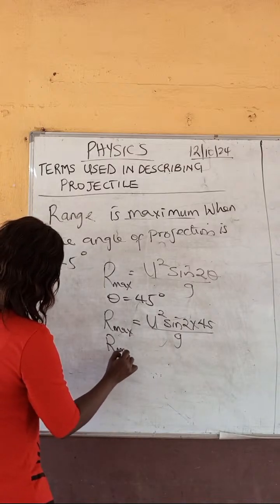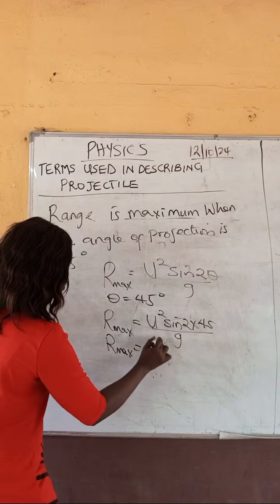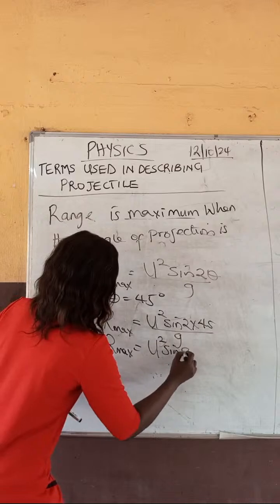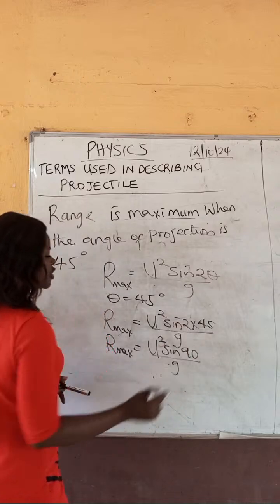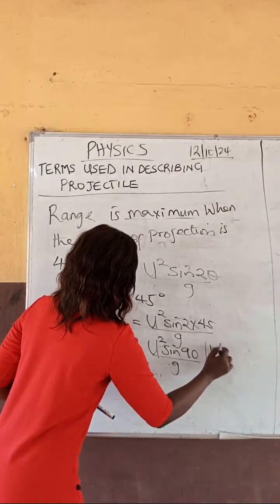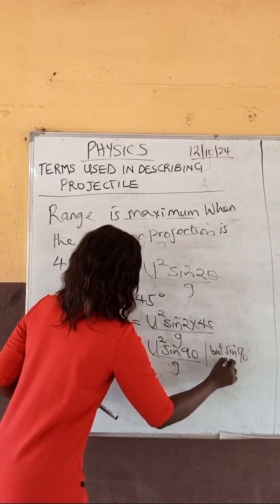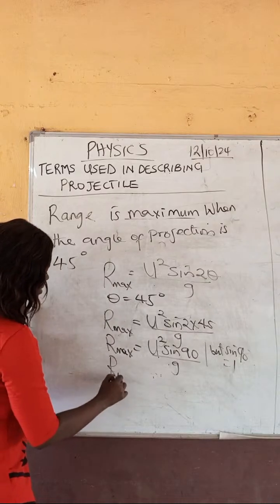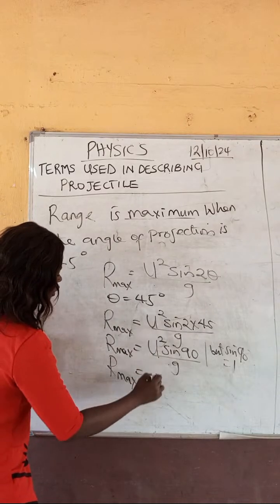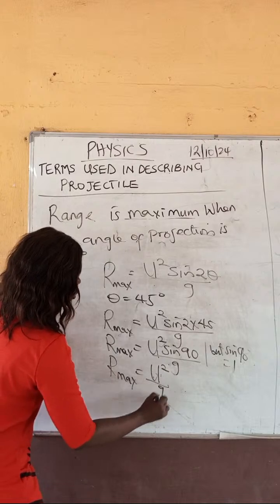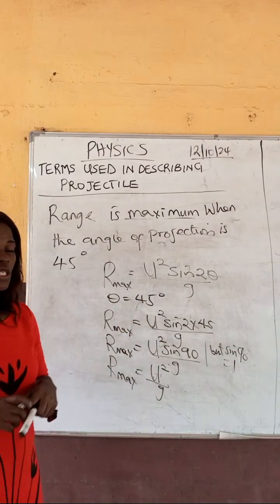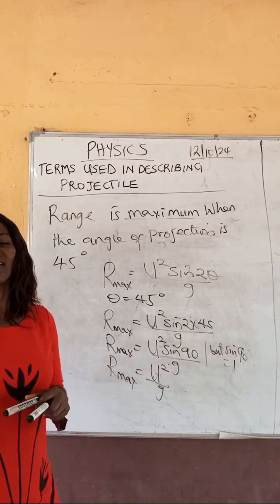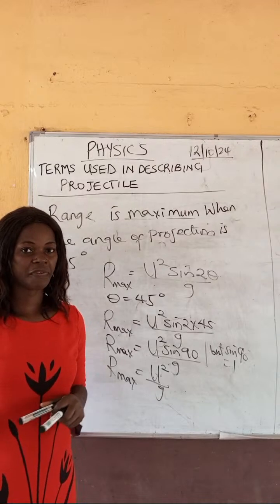So R max is equals to U square sine 2 times 45, which is 90, all over G. But sine 90 is equal to what? 1. That means at maximum range, you're going to have U square over G. That is only at maximum range. So don't forget that at maximum range, the angle of projection is equal to 45 degrees.